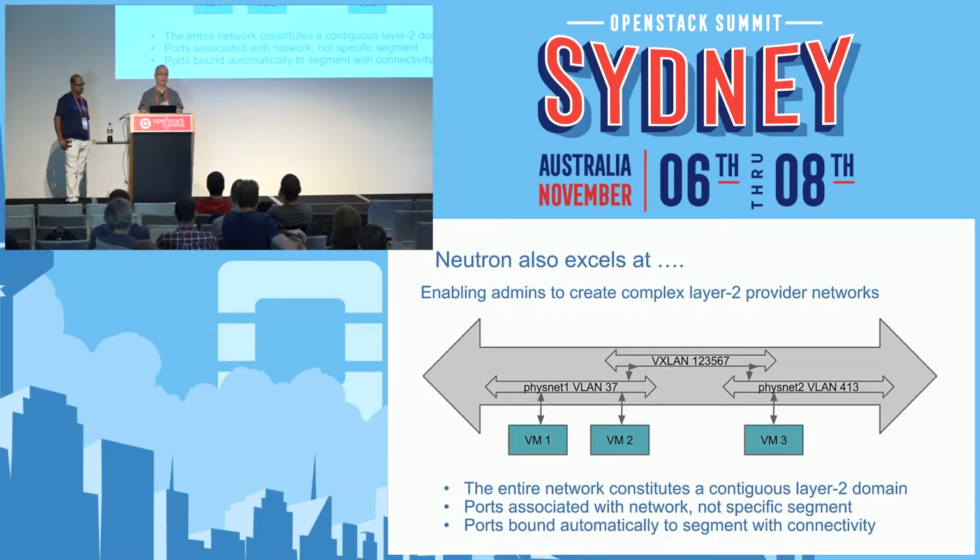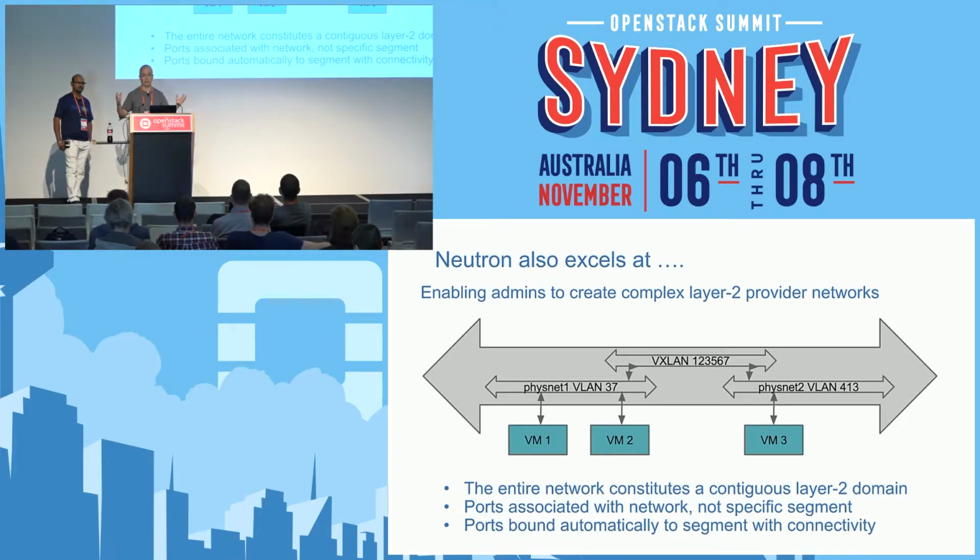Another important thing that Neutron has been able to do over the years is that we enable the administrator of the cloud to create a complex layer to provide a network topology. And provide a network meaning the network defined by the administrator that indicates how that network is going to be realized physically in the data center. So essentially, we enable the administrator to create a complex topology in terms of segments.